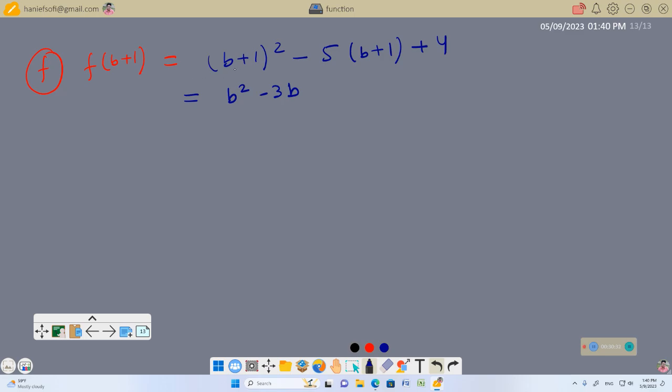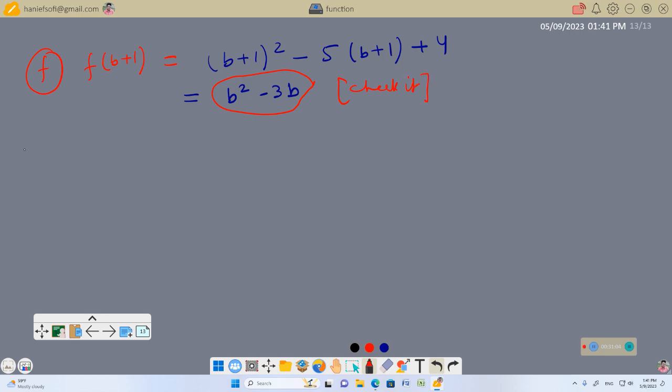You simplify it using the formula for a plus b whole square. You will get b square minus 3b. So here f of b plus 1 is b square minus 3b. Check it at home yourself.